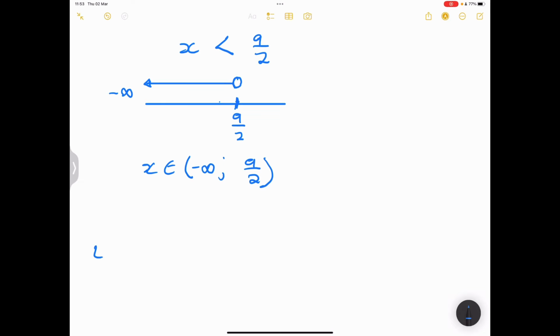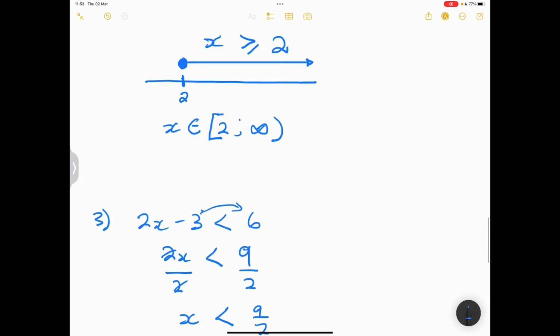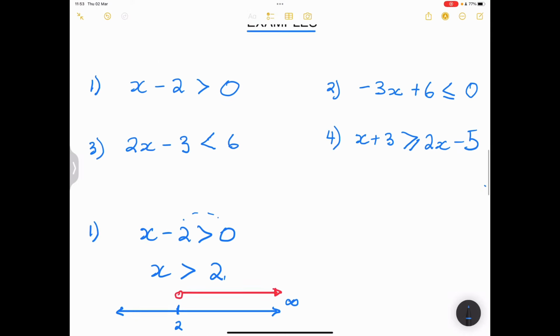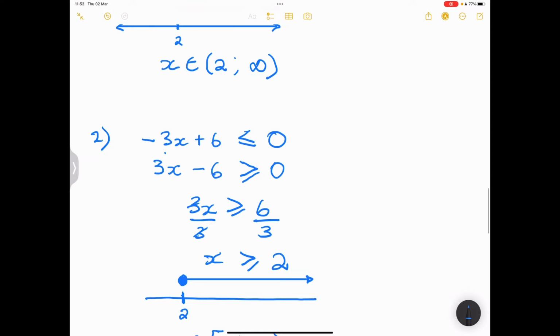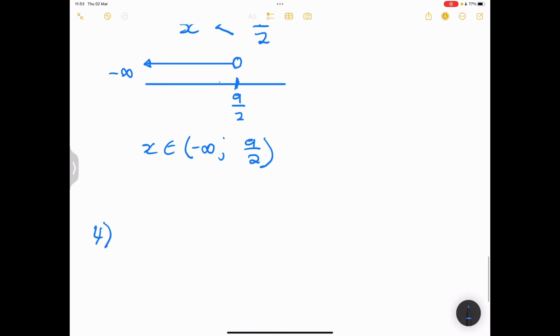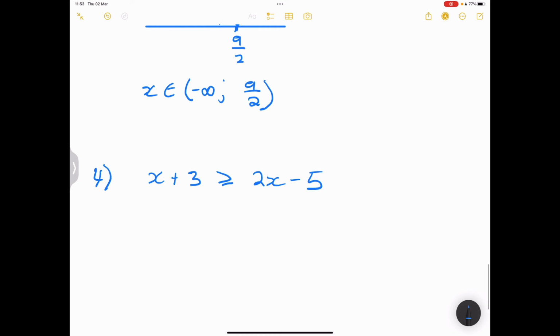All right, so the very last one, we've got x plus 3 greater than or equal to 2x minus 5. And let's try and solve that together. I'm going to isolate similar terms.